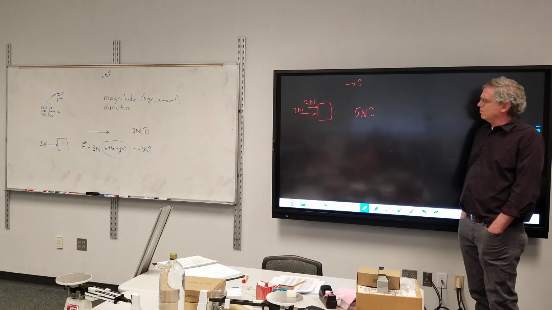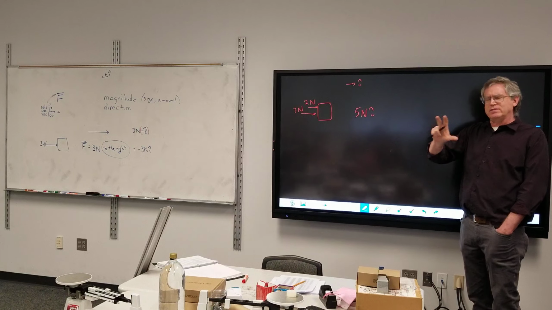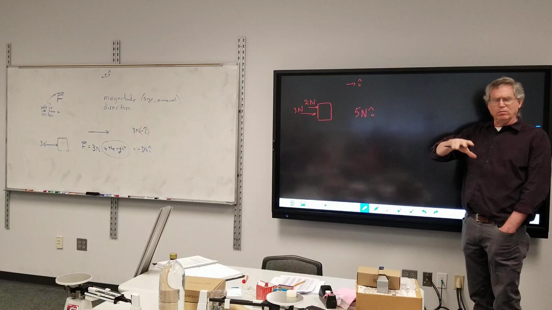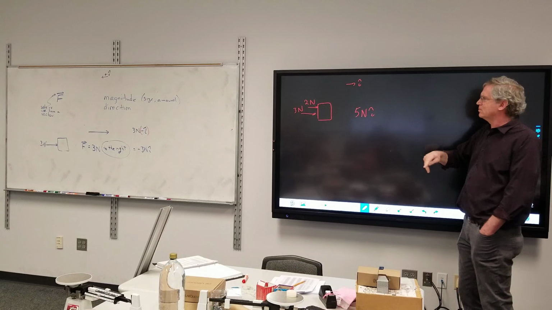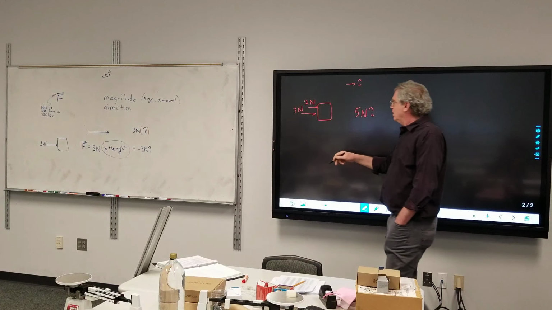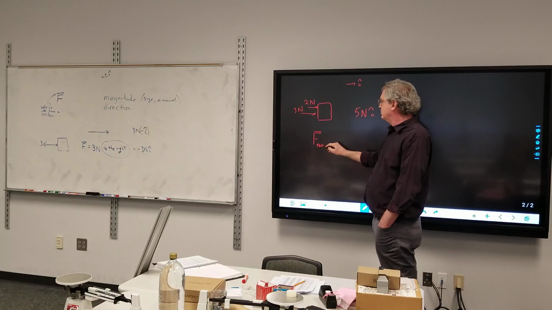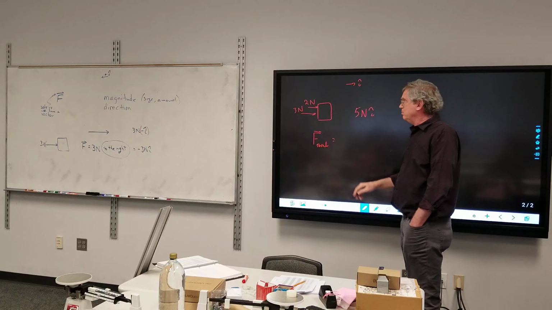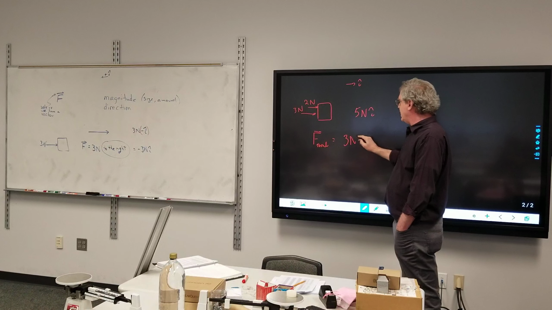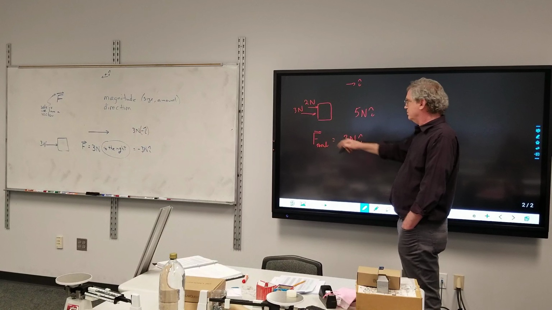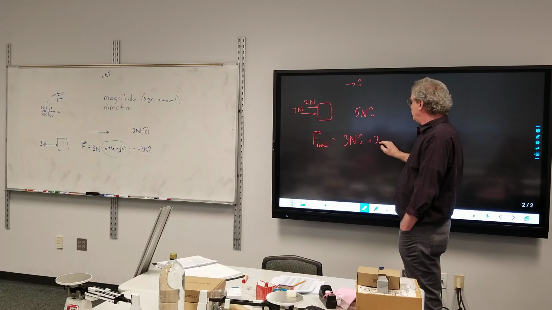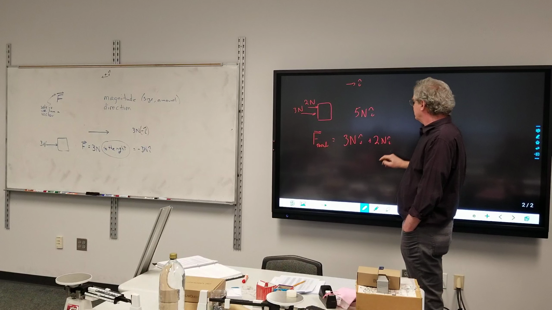Now I'm going to do the exact same thing, except I'm going to do it slightly differently. Here, you're just looking at them, 3 newtons both to the right. If I want to find the total force, I'm just going to add them. I have 3 newtons I hat, that's that one, plus 2 newtons I hat.